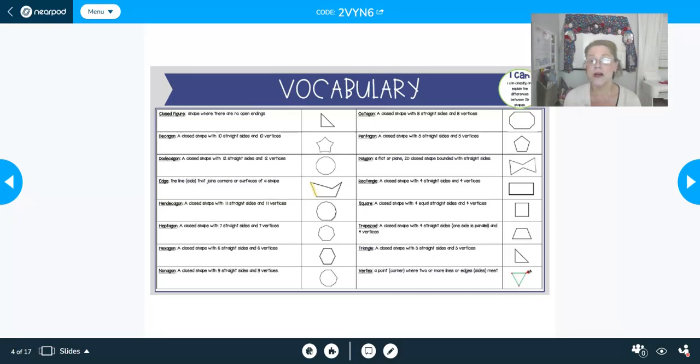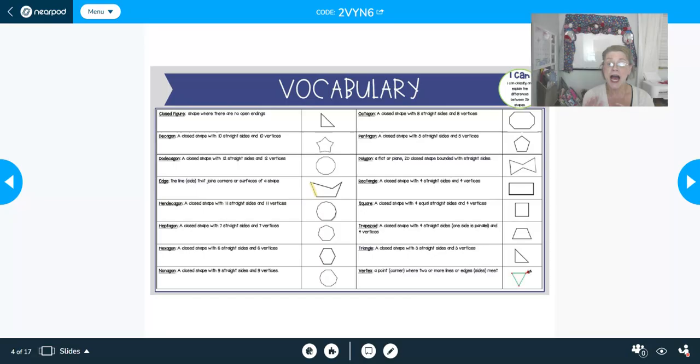So the first one is a closed figure. A closed figure is a shape where there are no open endings. Next one, decagon, a closed shape with 10 straight sides and 10 vertices. Dodecagon, a closed shape with 12 straight sides and 12 vertices.